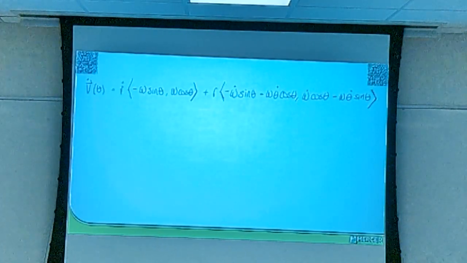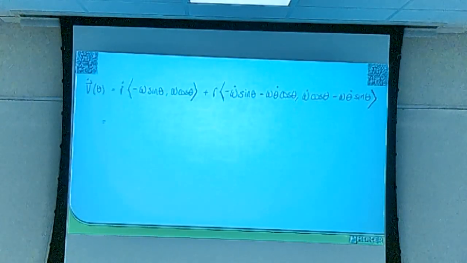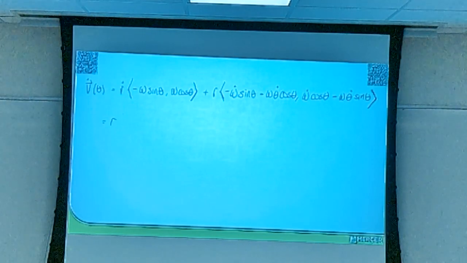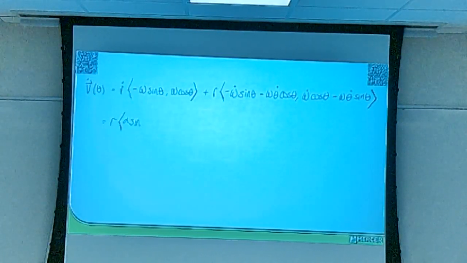Radius doesn't change. Omega dot is angular acceleration. Right, and then theta dot, again, is omega.